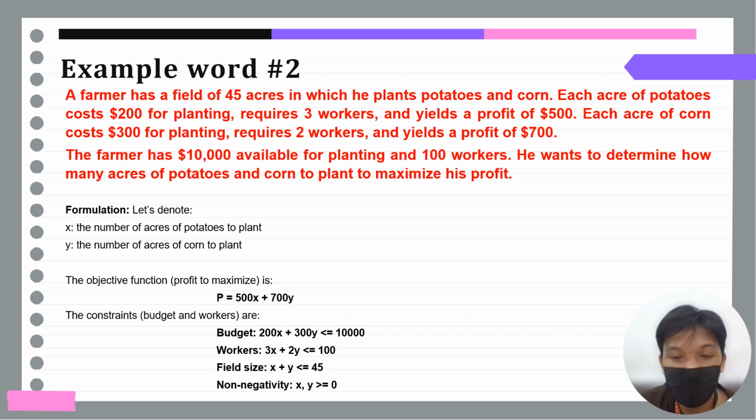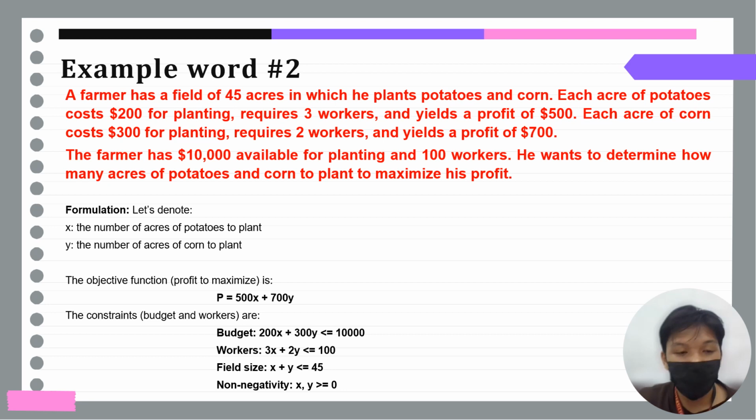Each acre of corn costs $300 for planting, requires 2 workers, and yields a profit of $700. The farmer has $10,000 available for planting and 100 workers. He wants to determine how many acres of potatoes and corn to plant to maximize his profit.